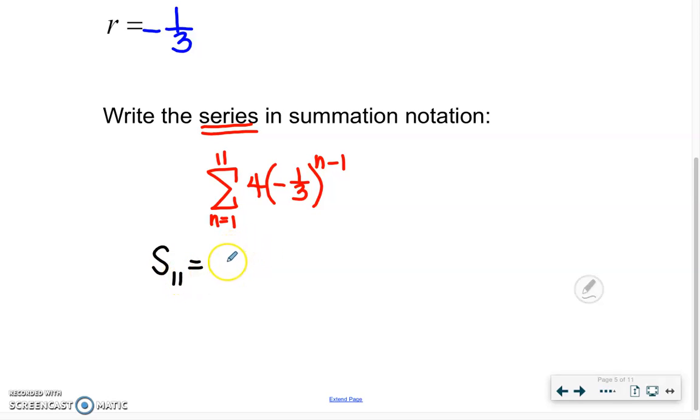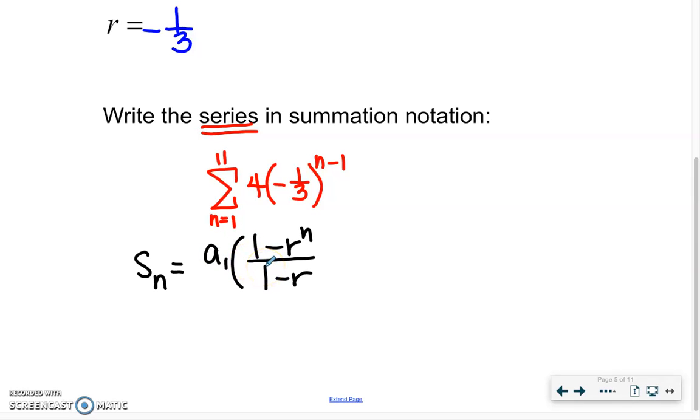So we're going to use the formula that was on the last slide. Actually, let me write the formula down here, and then I'll plug in values. So the formula goes A1 times 1 minus r to the n, over 1 minus r. Okay, so we're going to plug in n first. n is 11 because it's the first 11 terms.